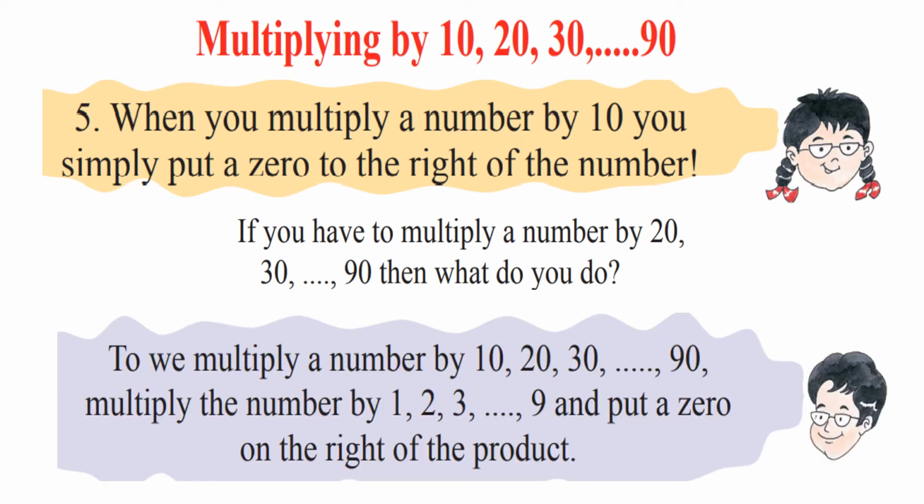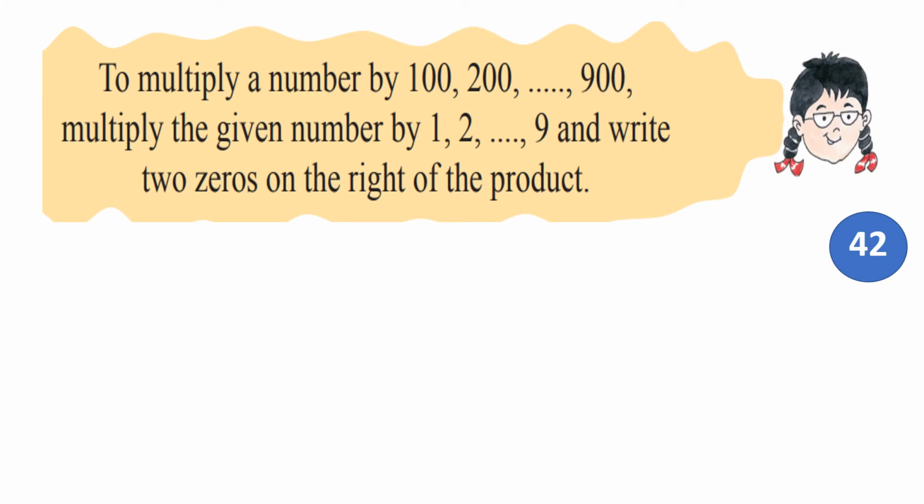To multiply a number by 10, 20, 30, 40, or 90, multiply the number by 1, 2, 3, 4, or 9, and put a 0 on the right of the product.